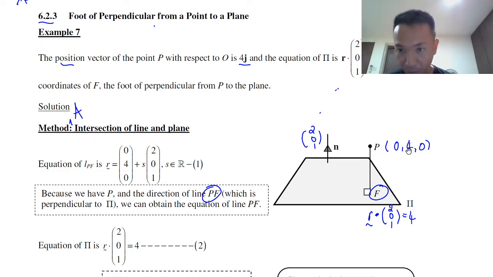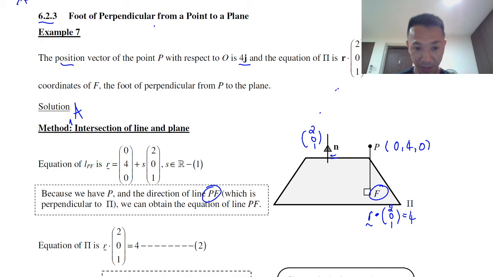Let's think carefully. I have the position vector of a point, which is P, no problem. Do I know the direction of PF? The direction of PF is actually the normal vector, isn't it? Because PF is perpendicular to the plane.